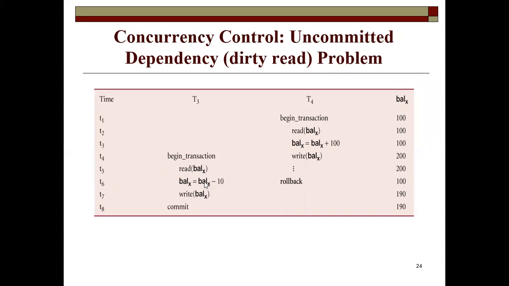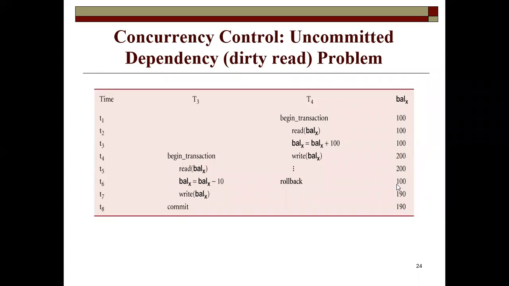Unfortunately, at T6, while T3 is continuing to make a withdrawal, T4 fails. It moves from the partially committed state to the failed state and therefore undoes everything that it had done and goes back to 100 rather than maintain its 200.